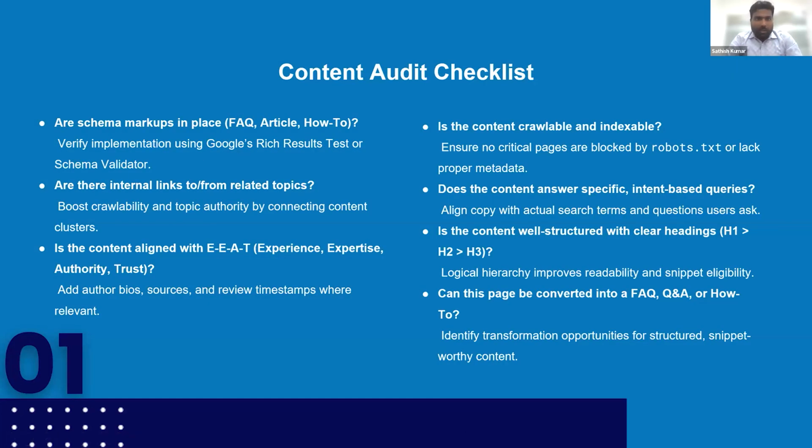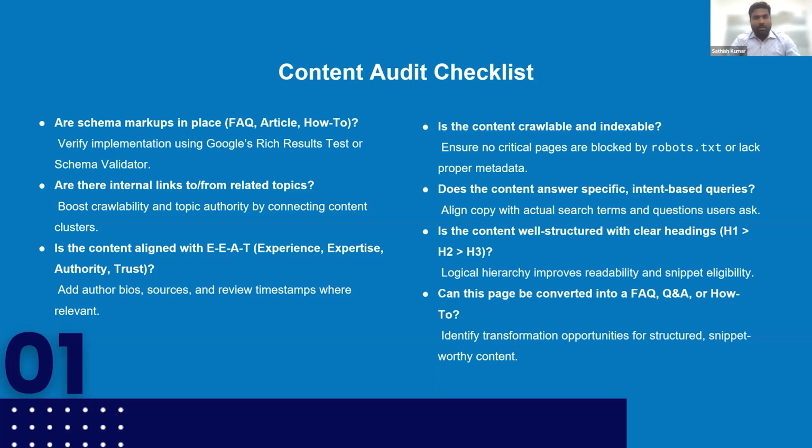So this is the audit checklist we generally go for. Are there schema markups available for all your pages, which includes FAQs, articles, or how-to? You need to verify. There's Google's rich snippets tool, which you can also call the schema validator, to test whether your pages have these FAQs and schema structured data.